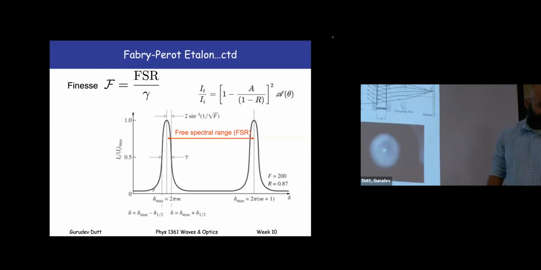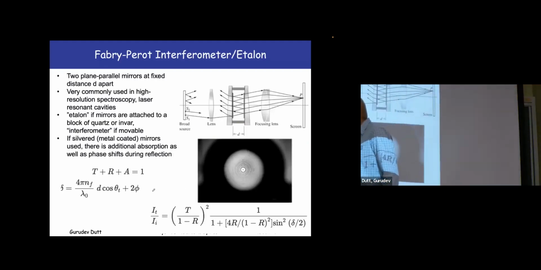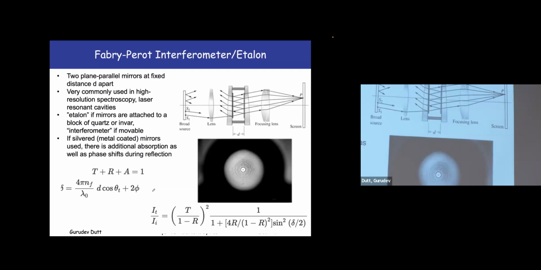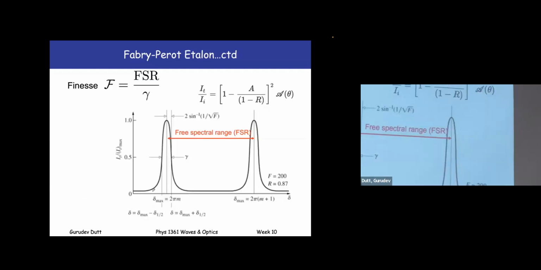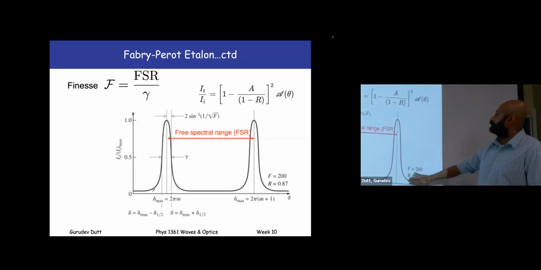The factor comes from the fact that instead of just transmission and reflection, you may have some absorption, so that's taken into account in this extra formula. It's not super important to know that factor, but it's there. And then we have the Airy function as usual, and that allows us to define something called the finesse.